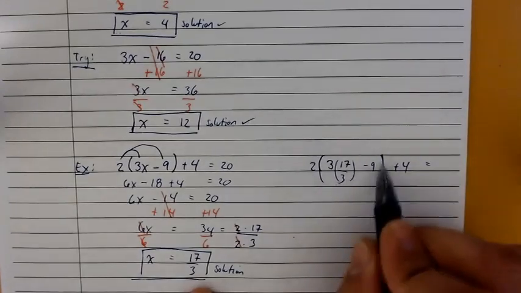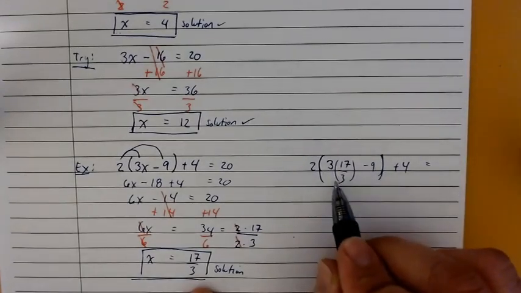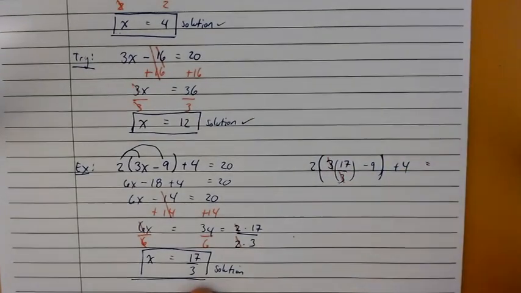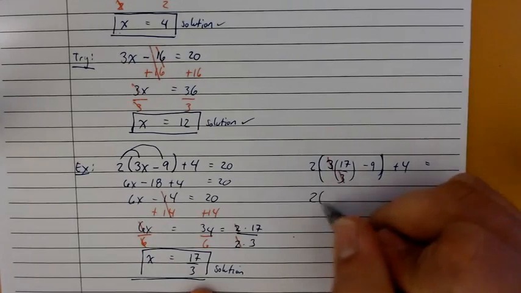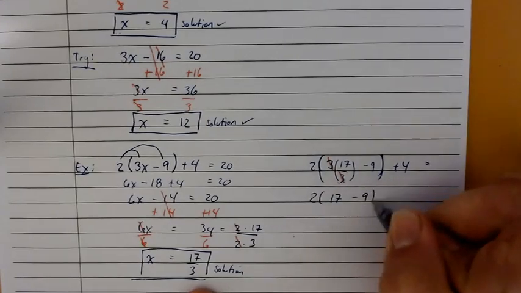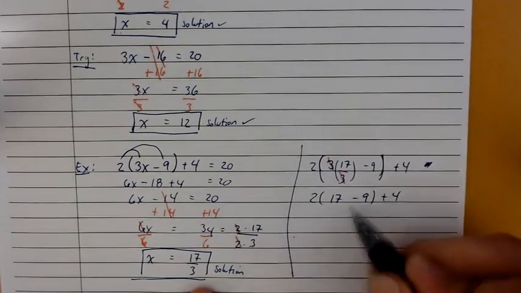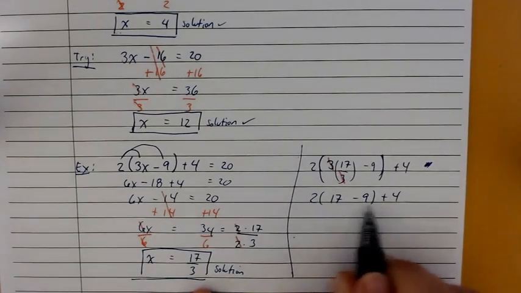All right. In the parentheses, we're going to multiply these. You notice that just means the 3's divide away. So that's just the number 17. Let's see. It's still in parentheses. These subtract away. 17 minus 9. That's going to give us 8.